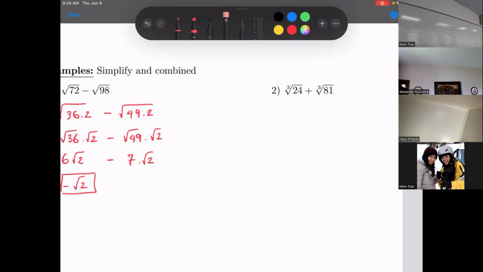Do a little tree for 24. How many 2s do you have? Three. So 2. That means cube root of 8 times 3.